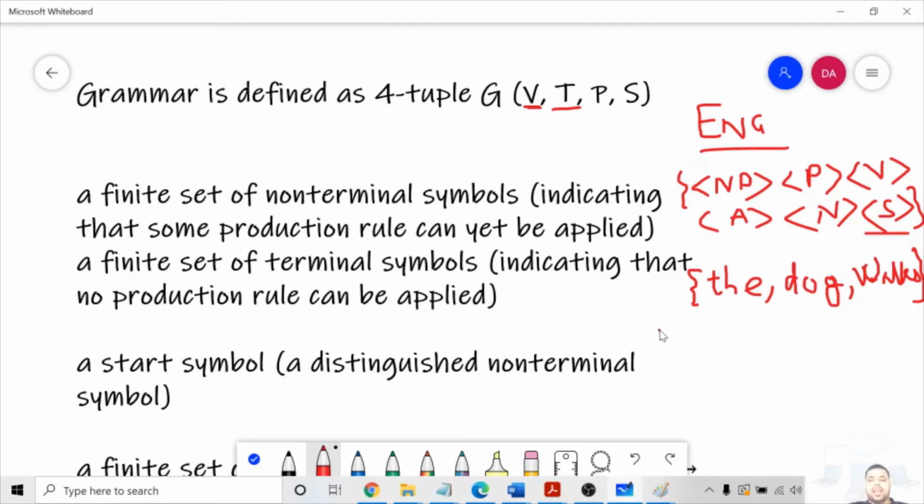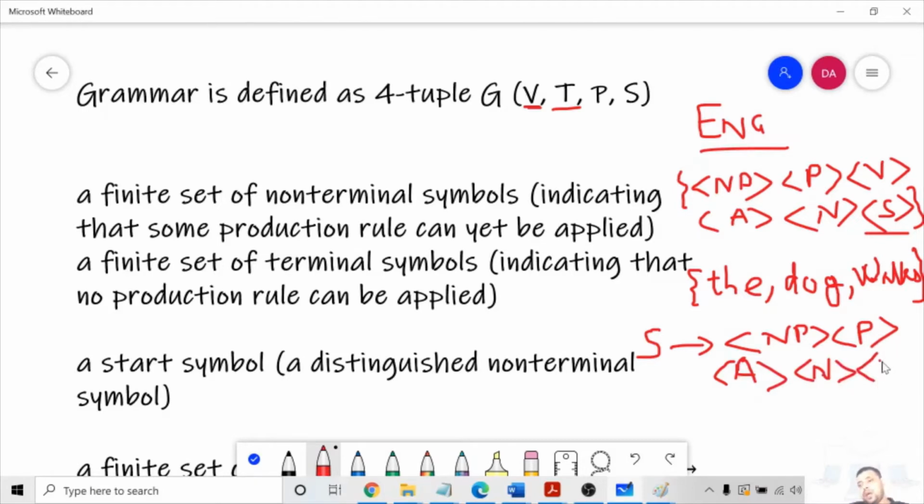So say we have the following rules. Say sentence can be expressed using noun phrase and predicate. Okay. So a noun phrase having article or noun, and a predicate, maybe verb.